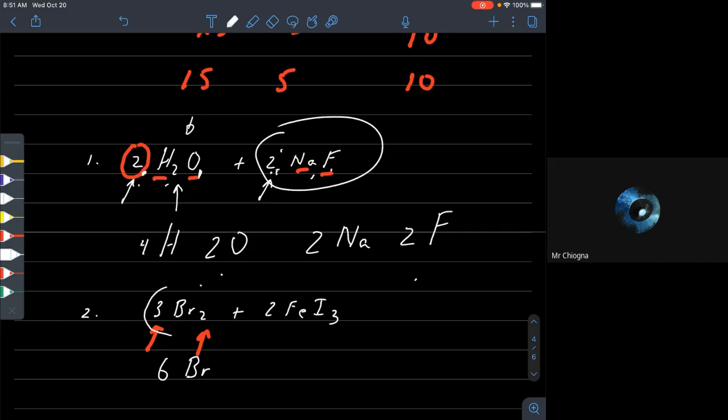This is just bromine by itself. This is a compound. So you're going to multiply the big number in front by this subscript here. There's a hidden 1. And this subscript here is a 3. So you get 2 times 1, 2Fe. 2 times 3, 6 iodine.